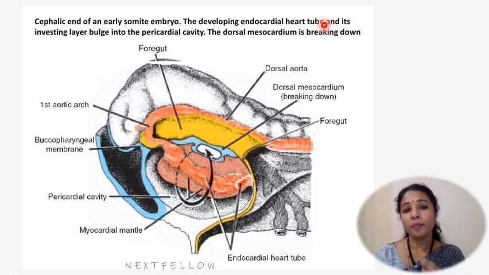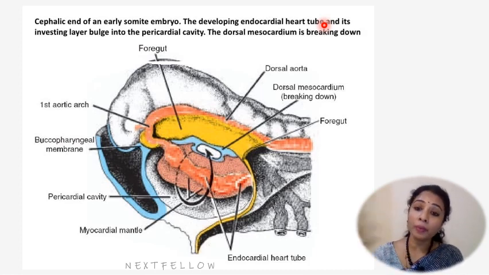Coronary arteries are considered the largest vasa vasorum of the heart, because the heart itself is considered a blood vessel. So coronary arteries are the blood vessels supplying a blood vessel. That is the reason it is the vasa vasorum of the heart.